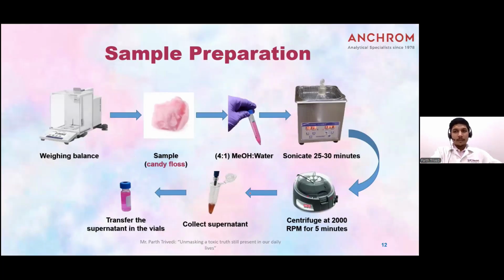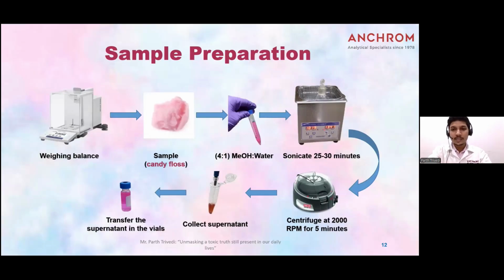For the sample preparation, this is the basic sample preparation for food and cosmetic products, conducted using the weighing balance over here. As an example for this image, we have taken candy floss as the sample. We took the candy floss and diluted it with a 4:1 methanol to water diluent, and then did sonication for approximately 25 to 30 minutes.